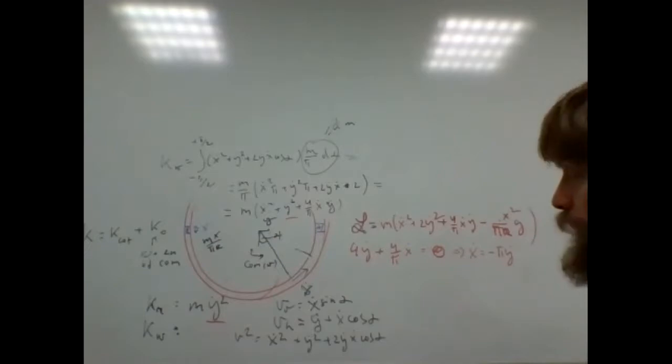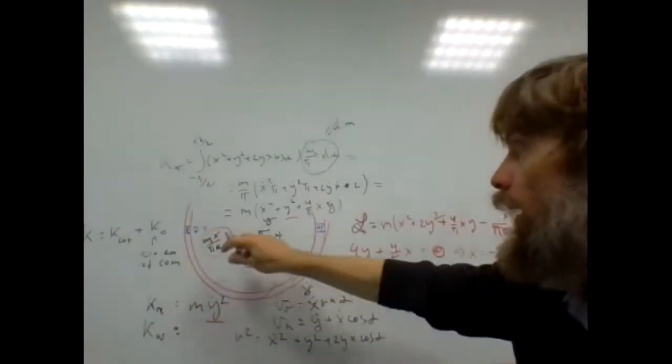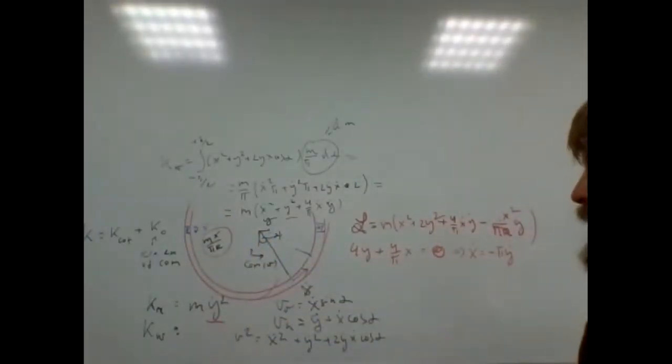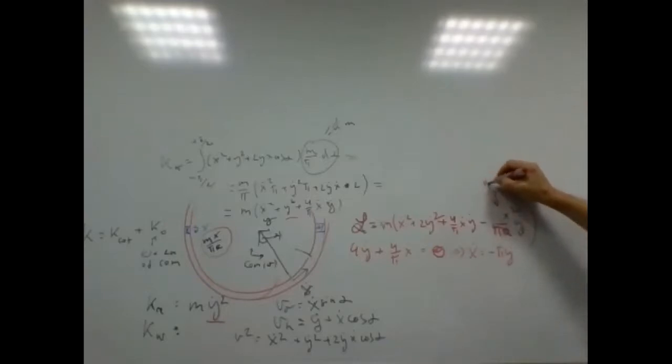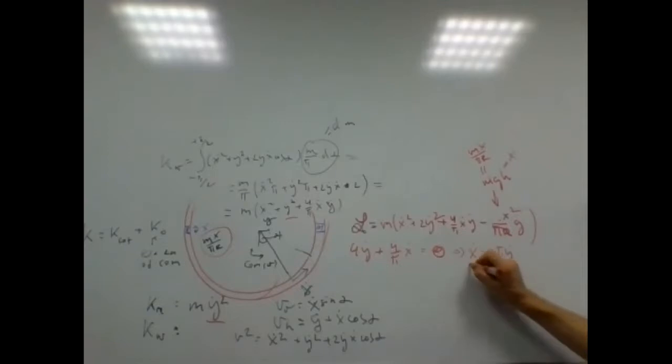All right. MGH. M is this one here. H is x and g. All right. So like that.